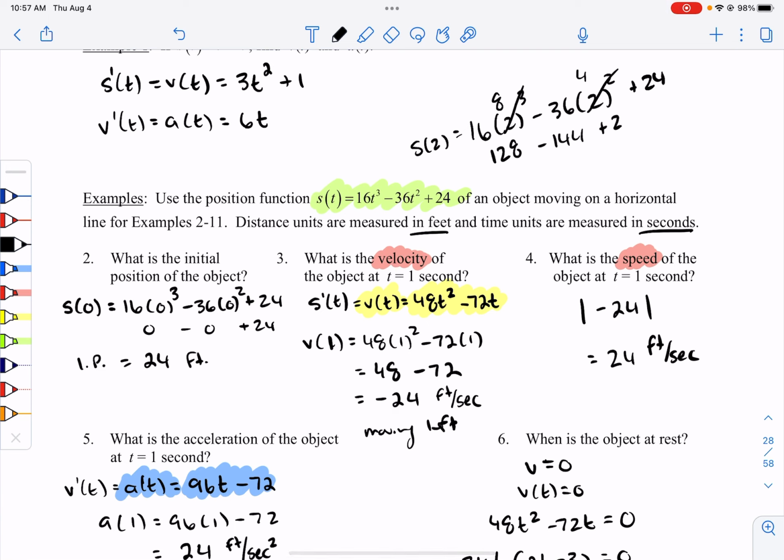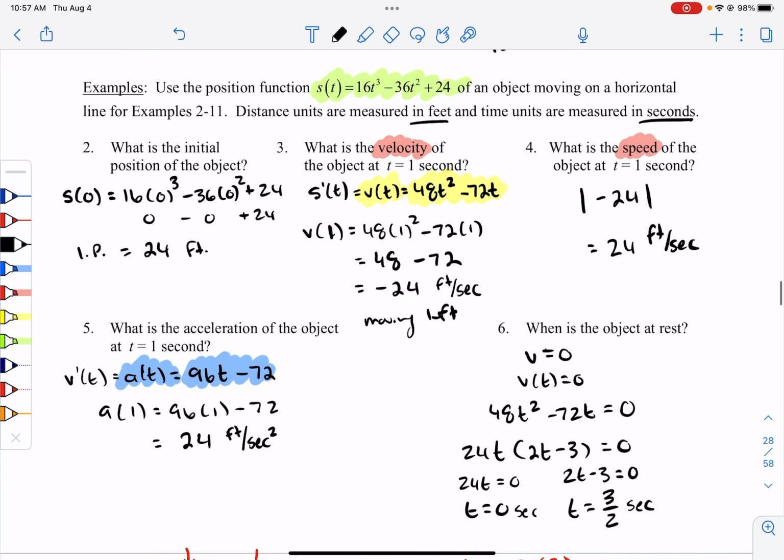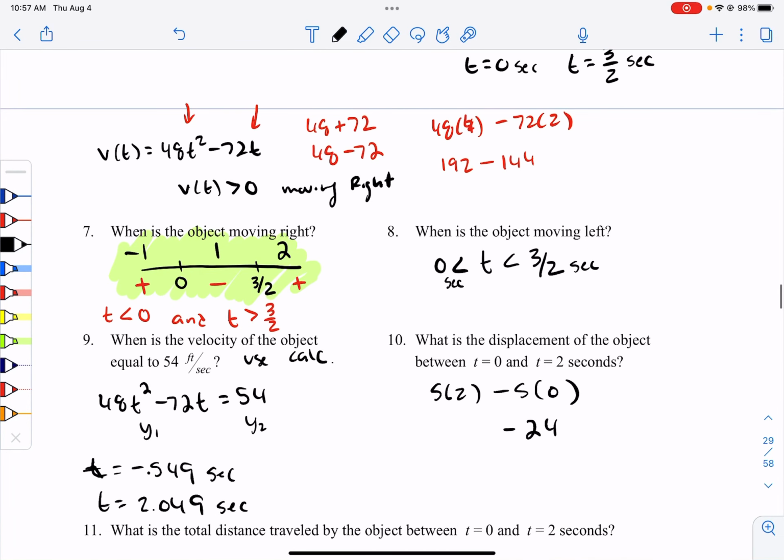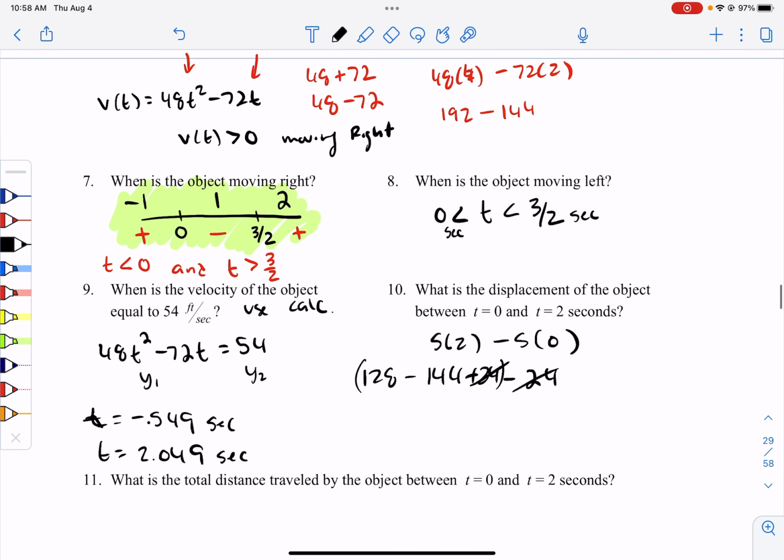And then I have to add 24. So 128 minus 144 plus 24, that's my S2. And I'm going to minus my S0. So those are just going to cancel each other out. And I end up with 128 minus 144. So that's negative 16 feet.